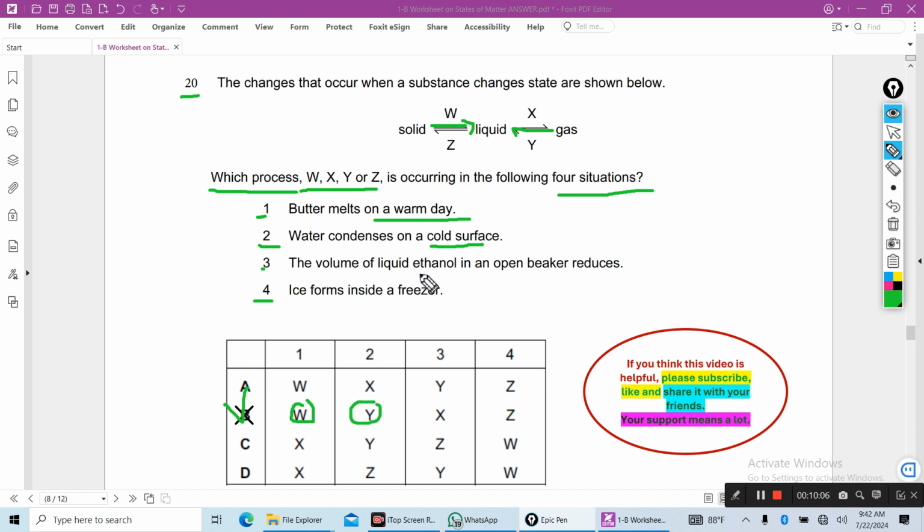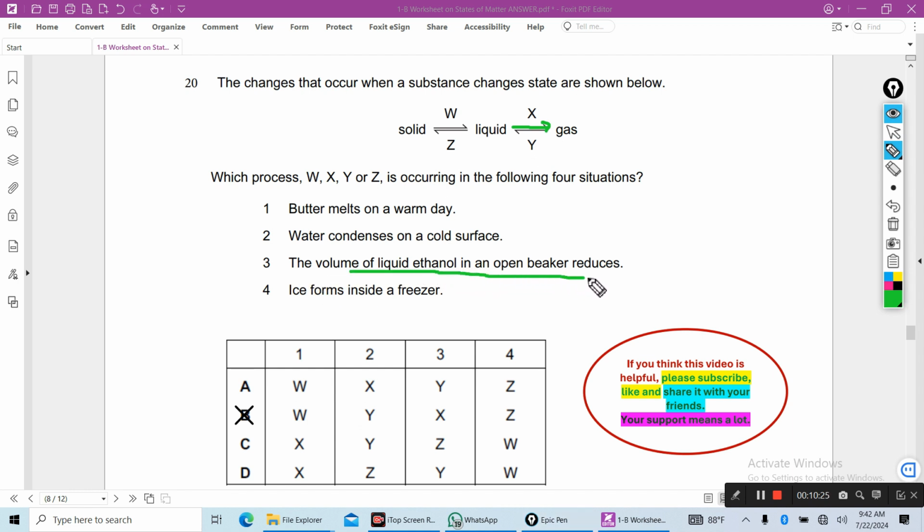And the volume of liquid ethanol in an open beaker reduces. So 3 is X, evaporation occurs, liquid goes to gas. So that's why the volume of ethanol in an open beaker reduces, meaning some alcohol evaporates.